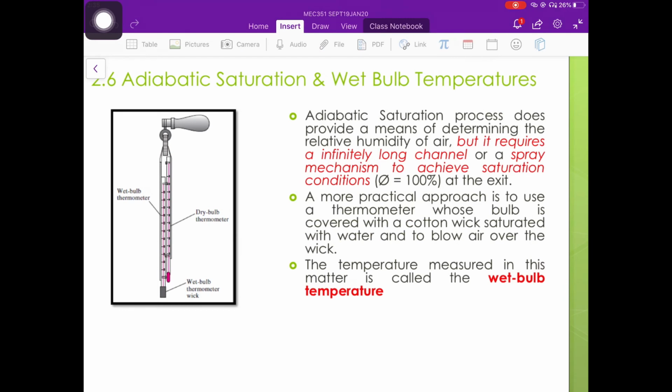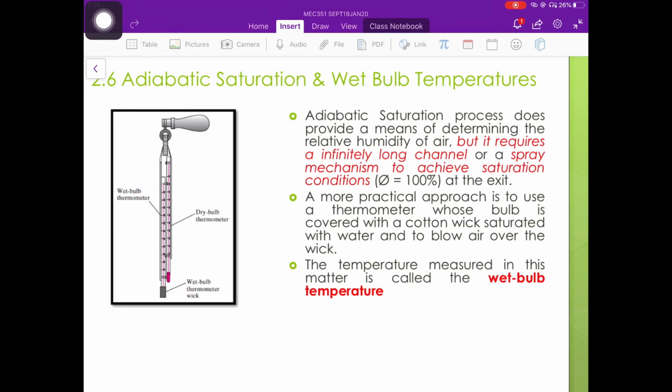The impracticality of using the adiabatic saturation process is because it requires an infinitely long channel or a spray mechanism to achieve saturation conditions at the exit.